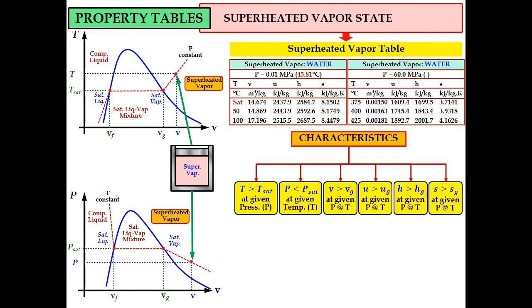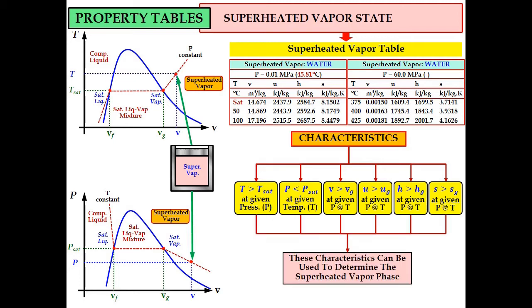Similarly for entropy: the entropy at the given state must be greater than the entropy at the saturated vapor state, which is Sg at the given pressure and temperature. These are the characteristics that can be used to determine whether the phase or region is the superheated vapor state.